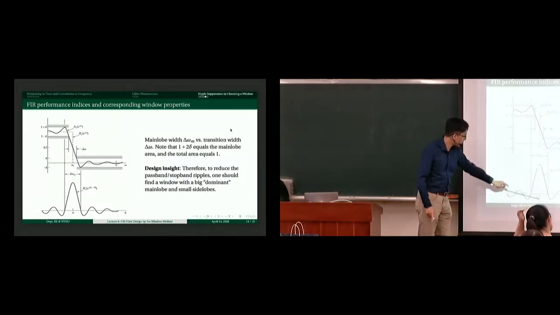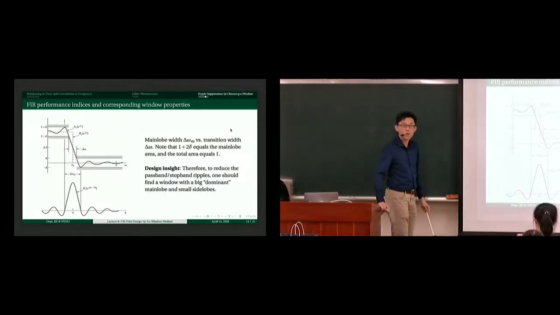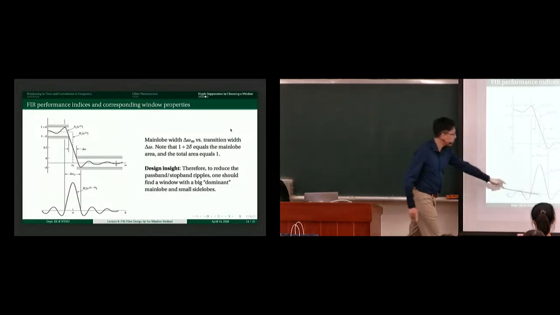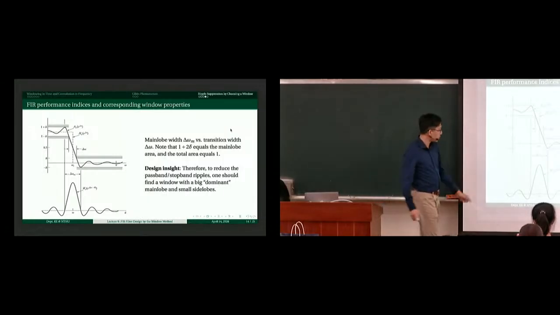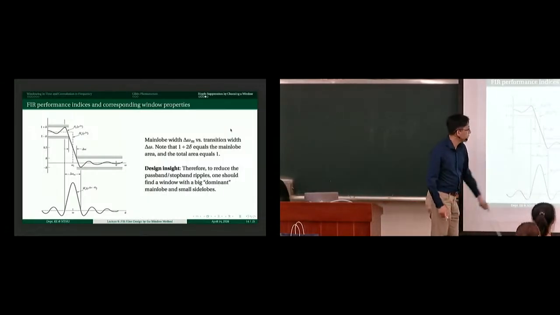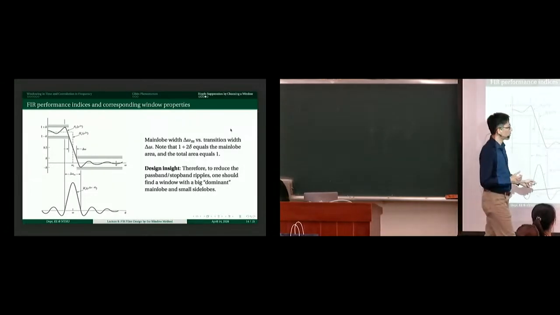When you think about the area enclosed by the main lobe versus the area enclosed by the first side lobe, we want the first side lobe to be small. And that has something to do with what exactly delta is.